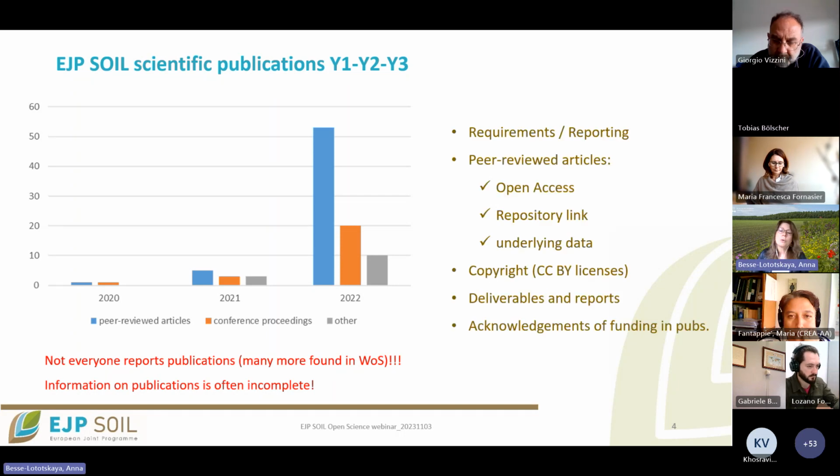So what I will do in a moment is go through the different aspects of the continuous reporting template, which at the same time will show what the major aspects of open access are, and how to deal with it, so that you will know what is needed from you when you report your publication.